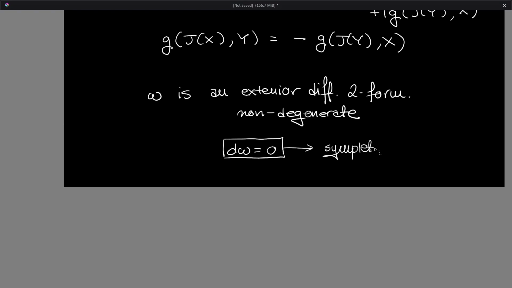That's the last structure we're going to need in order to make our Hermitian manifold into a Kähler manifold. So that is why this is called the Kähler form: it allows us to make it into a Kähler manifold.